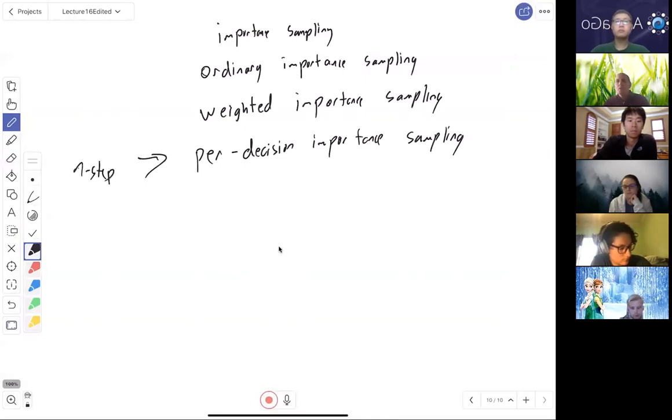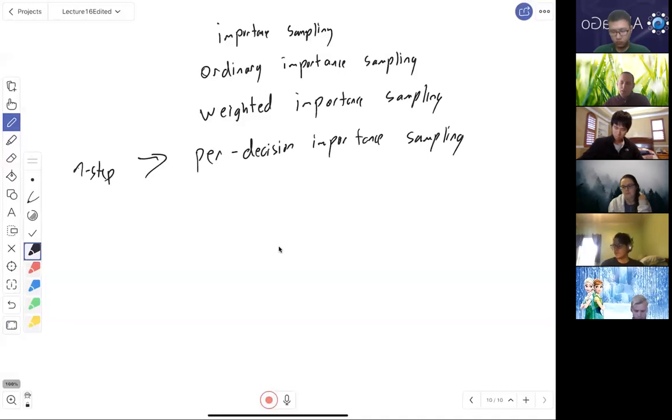The ordinary importance sampling said to look at your entire episode and multiply the return of that episode by the product of the ratios of each separate action.